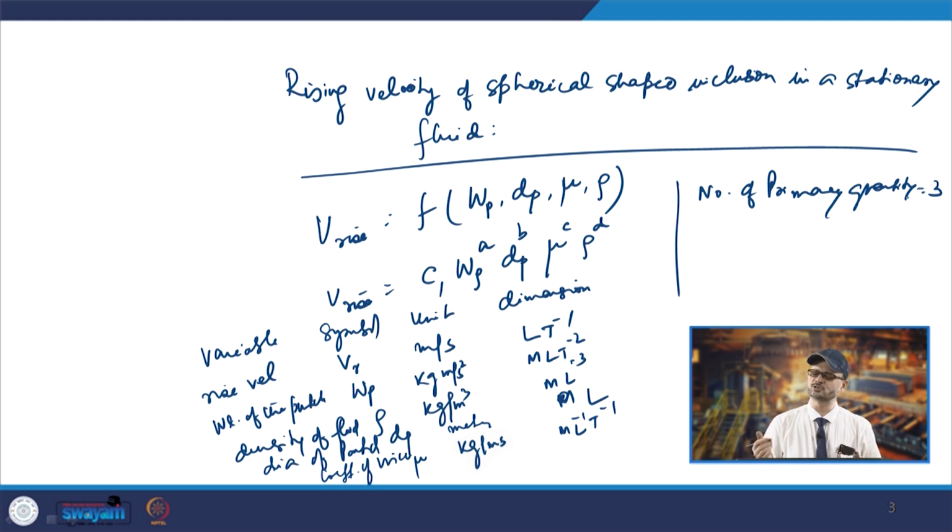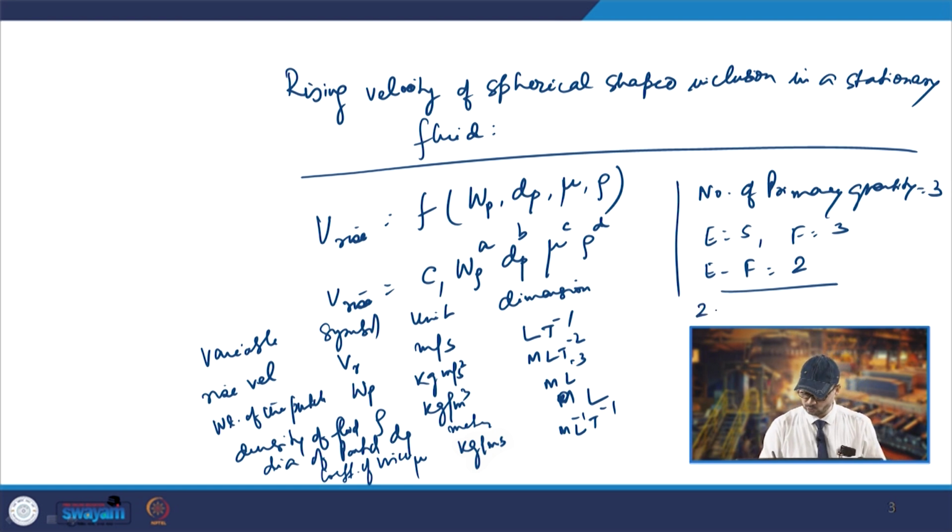So, that is your 5. So, E is 5 and F is 3. So, in that case, E minus F will be 2. So, you will have two independent pi groups that you can form.